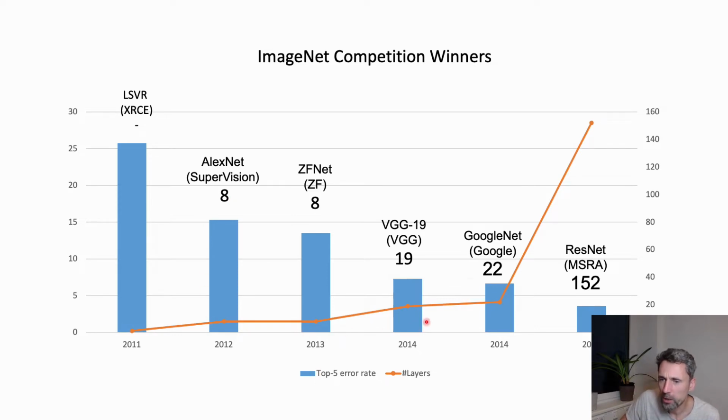Over the years, that number of layers skyrocketed to, in 2015, a whopping 152, although ResNet also comes in shallower variants. The error rate continuously dropped, and it's now for ImageNet at a level where we have reached human accuracy.